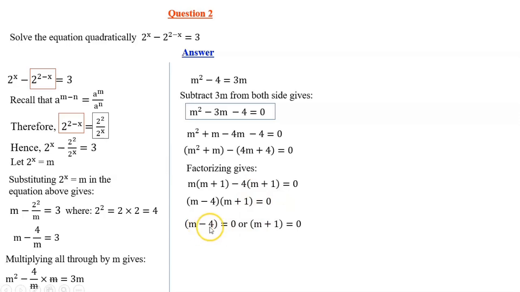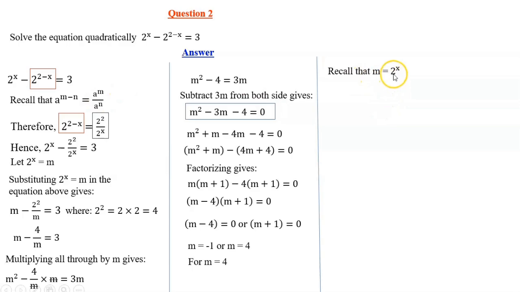M minus 4 is equal to 0, or m plus 1 is equal to 0. M is equal to minus 1, or m is equal to 4. For m equal to 4, recall that earlier m is equal to 2 to the power of x. Therefore, 2 to the power of x is equal to 4.